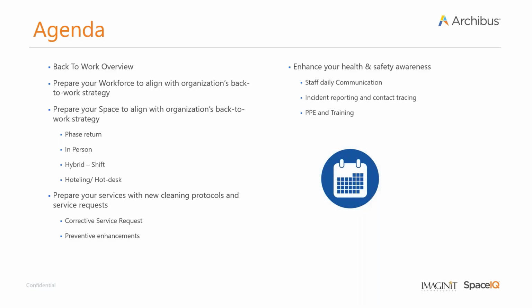That means who do we have, how many people, when do they come in, how do you assign parameters to those individuals so later on you can assign them to a location or activate different other back to work strategies that you may have. The second is preparing your space itself to align with the organization and with different standards that you may impose because of COVID, in this case specifically, right?